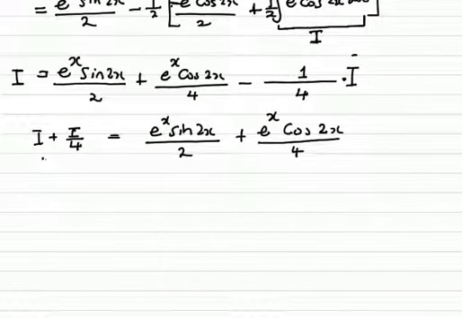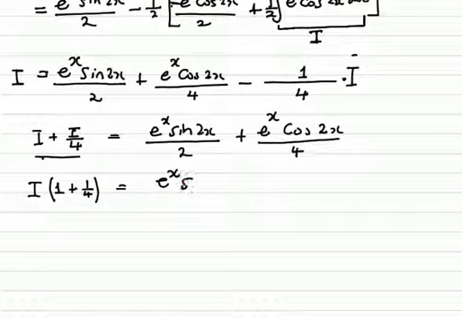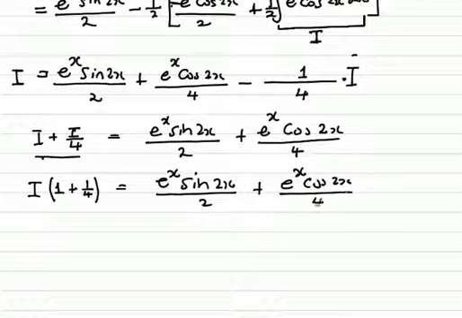Now our target at the beginning here was to get I, and now we've got I in the equation here. So what we can do, we can take a common factor I and basically have inside the 1 plus 1/4 equals e to the power of x sine 2x all over 2 plus e to the power x cos 2x all over 4.